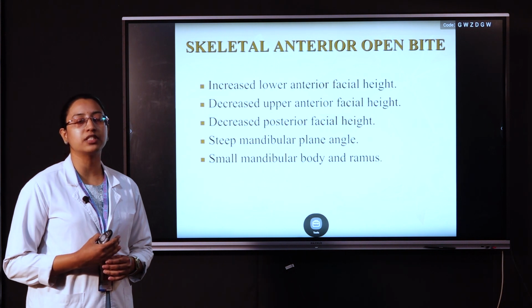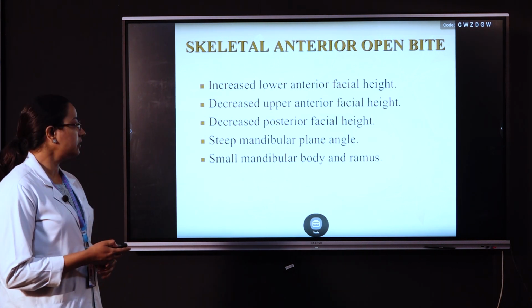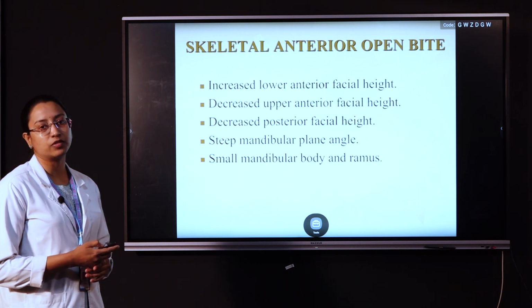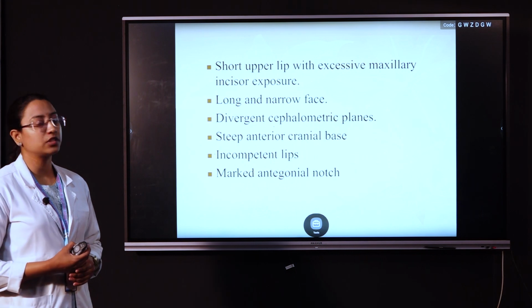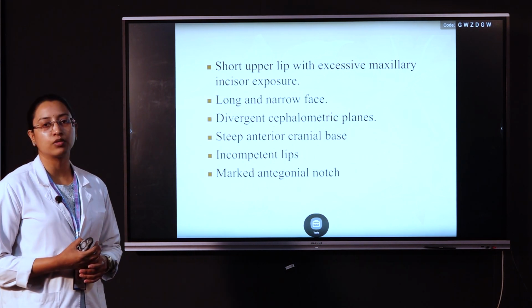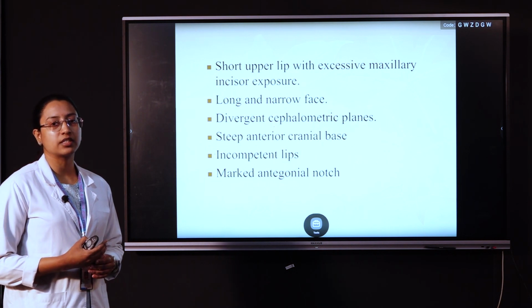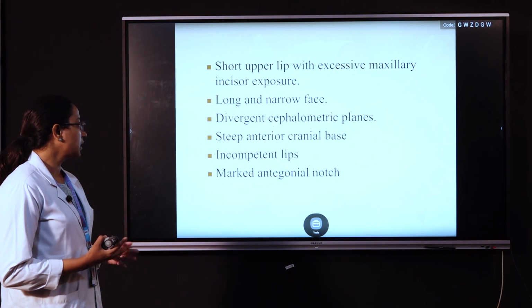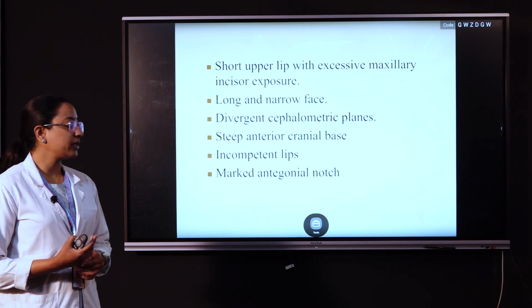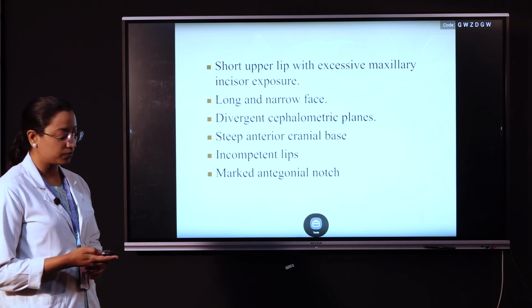That means the mandible is rotated clockwise, and the body and the ramus of the mandible are small. Also, it can be associated with a short upper lip and a long narrow face. The jaw bases, that is the maxillary and mandibular jaw bases, are moving away from each other, that is, they are divergent. There is a steep anterior cranial base, incompetent lips and a marked antigonial notch.